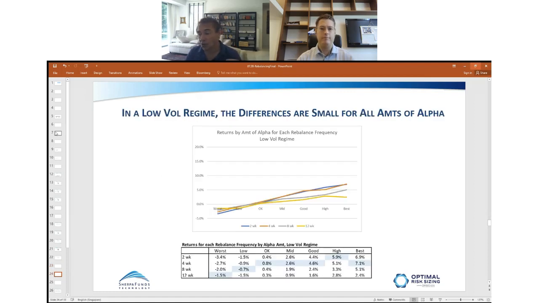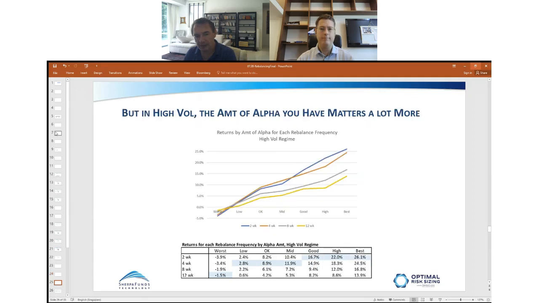Again, the primary thing to understand about low volatility is that it doesn't really matter so much what your rebalancing frequency is, although as your hit rate increases, that spread does widen out. In high vol, and now you're beginning to get a feeling for it, the first thing that is clear is that the spread widens much faster as volatility rises.